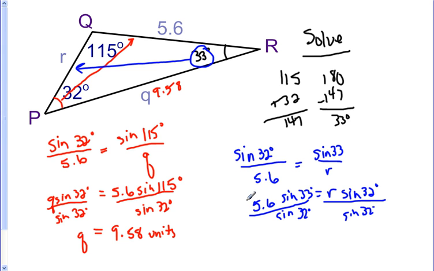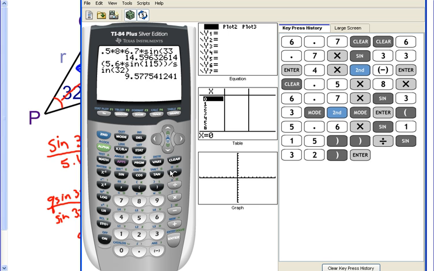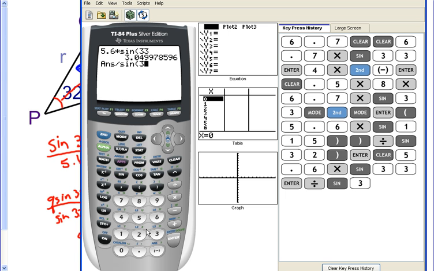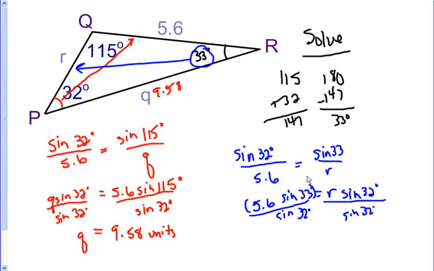Let's type this into the calculator, and make sure you put parentheses around the top so that it does all of those at the same time. So 5.6 times sine of 33, divided by sine of 32. And we get about 5.75 or 5.8. We'll do 5.76 if we round it correctly. So r is going to be 5.76.